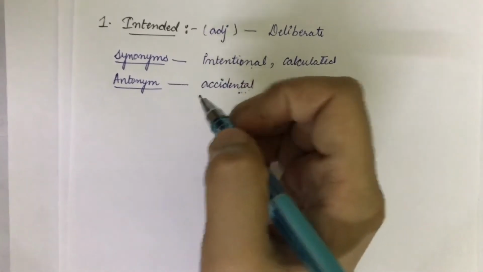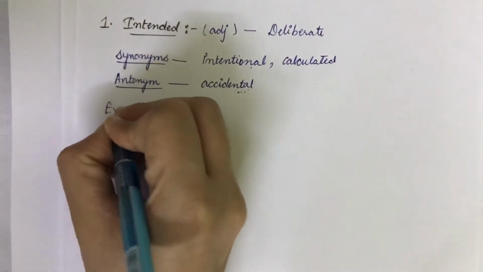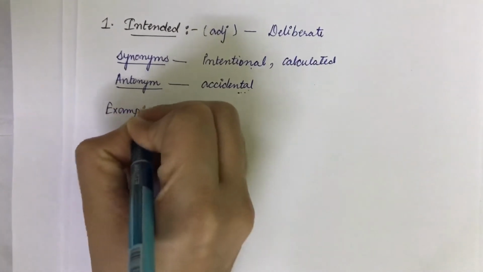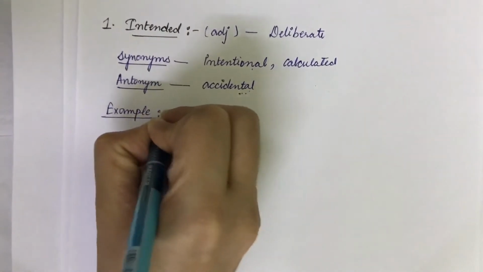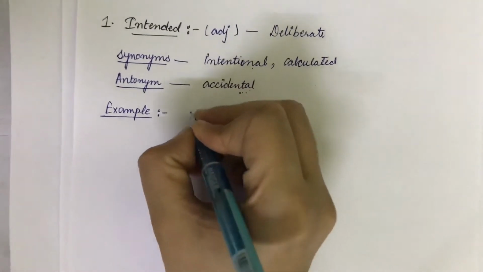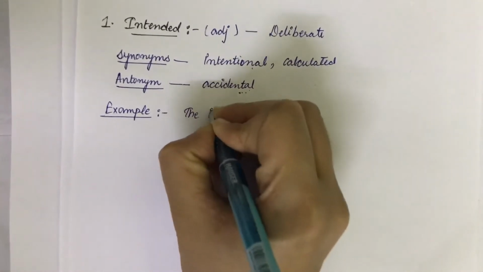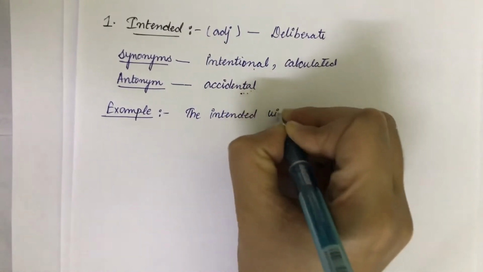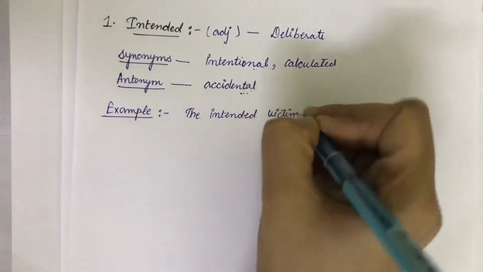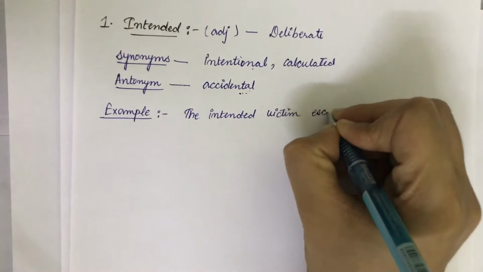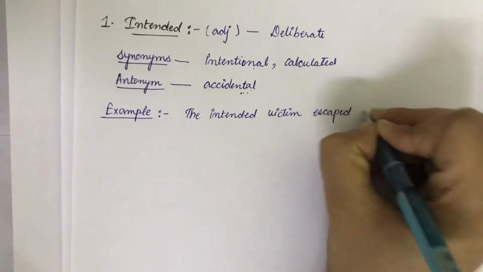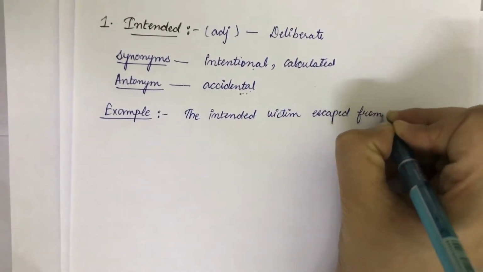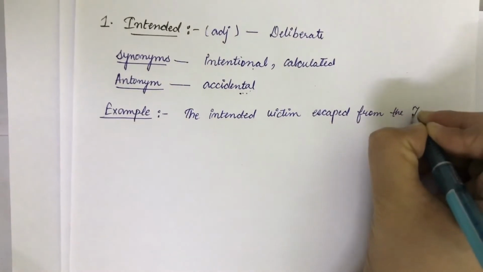So now I am also going to give you an example in the form of a sentence. So how can you use this word intended? You can say, the intended victim escaped from the jail.